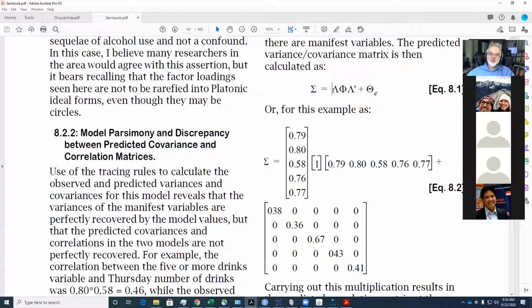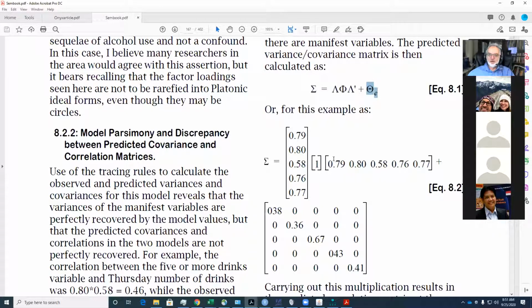And the pattern that you see in here is lambda, phi, lambda transpose. And lambda contains your factor loadings. Phi is the variance covariance matrix of latent variables. And lambda transpose is the transpose of the factor loadings. Theta E, or theta epsilon, depending on your notation, is the variance covariance matrix of the error terms.